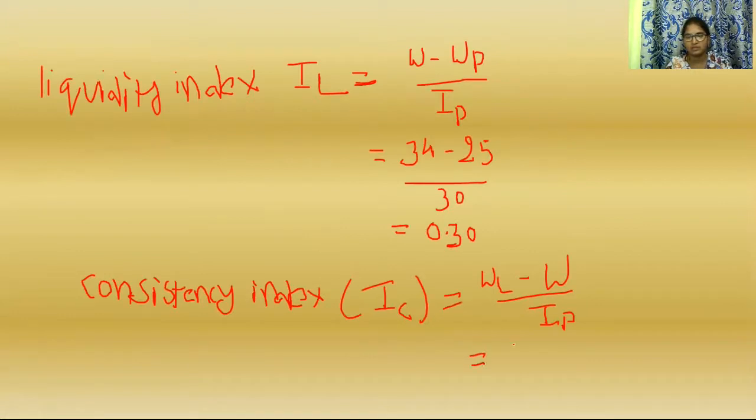So 55 minus 34, divided by plasticity index 30, is equal to the consistency index value of 0.70.